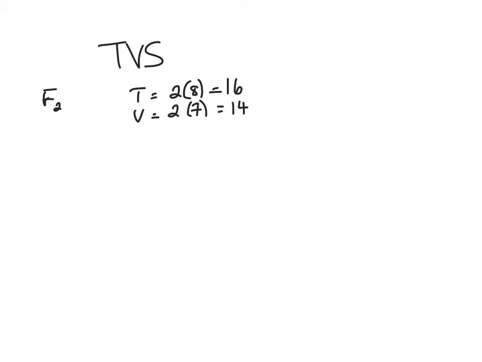So if we subtract 14 from 16, we get the number that are shared, which is 2. Divide that by 2 and you get the number of bonds. There's only one bond. So F, F, with one bond in between.